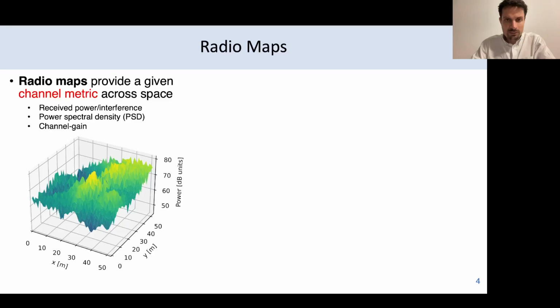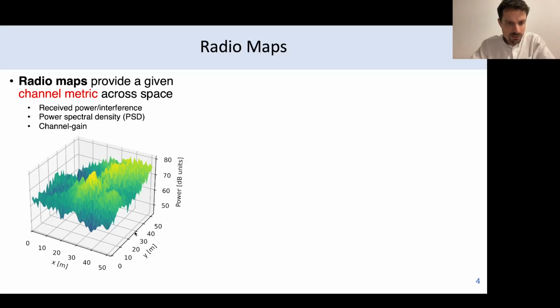So, what are radio maps? Radio maps are mathematical objects such as functions or tensors that provide a metric across space. This metric can be, for instance, the received power. This is an example of a power map which provides the power that a receiver would see at each location in a certain 2D region.